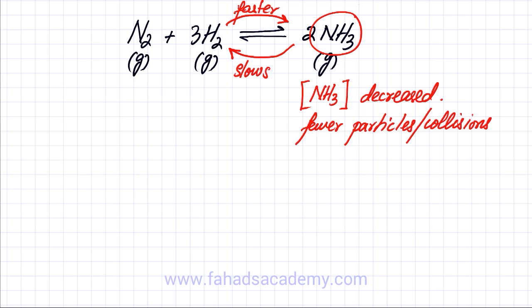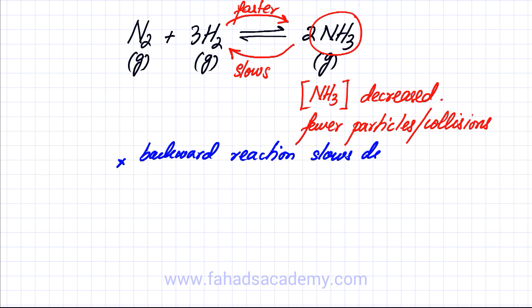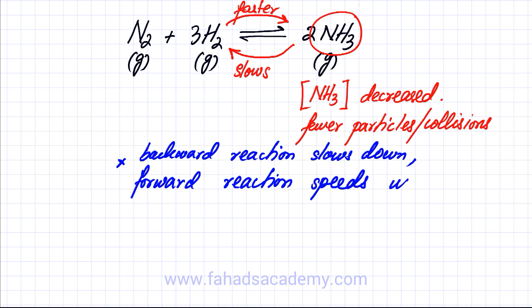So in this case, the backward reaction slows down, or vice versa, we can say that the forward reaction speeds up. And if the forward reaction speeds up, more NH3 is going to be produced, so more products are produced.